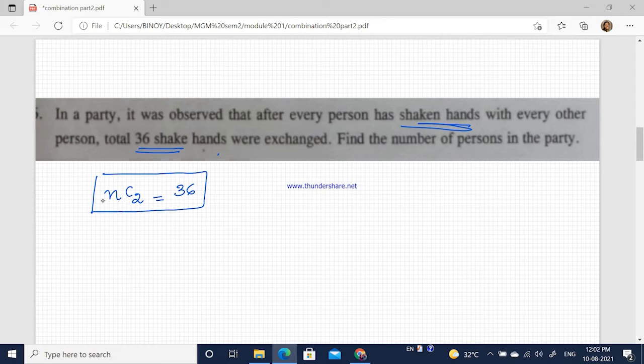Now let's expand nC2. nCr is nothing but n factorial by r factorial into n minus r factorial. Likewise, it will be n factorial by 2 factorial into n minus 2 factorial, which is equal to 36.